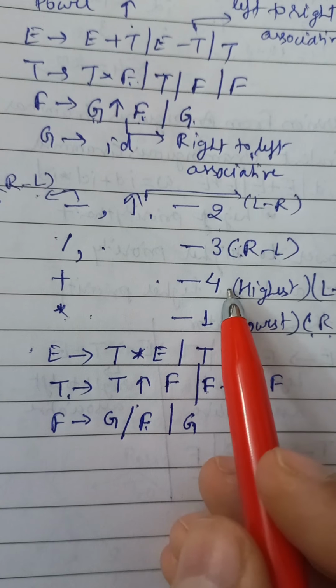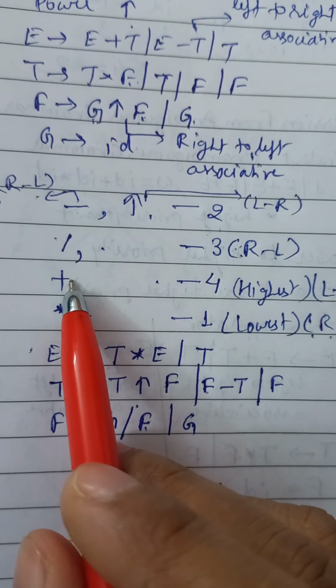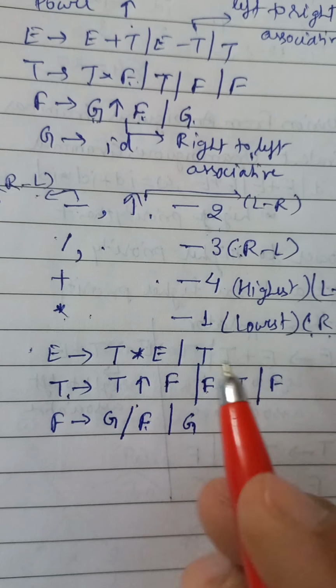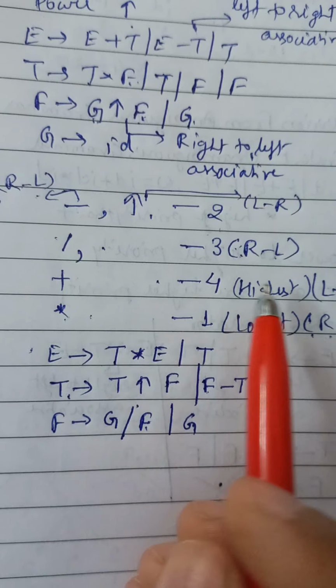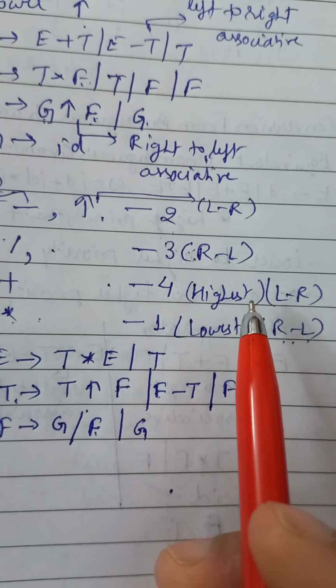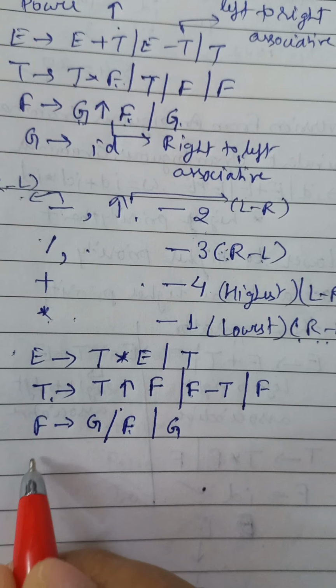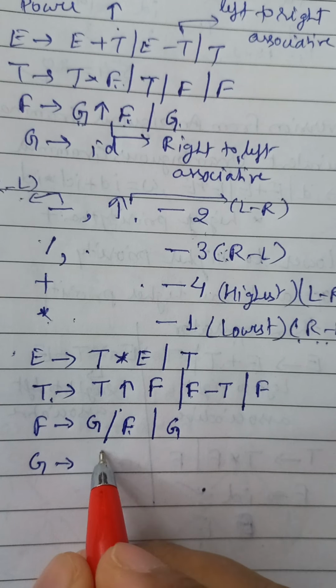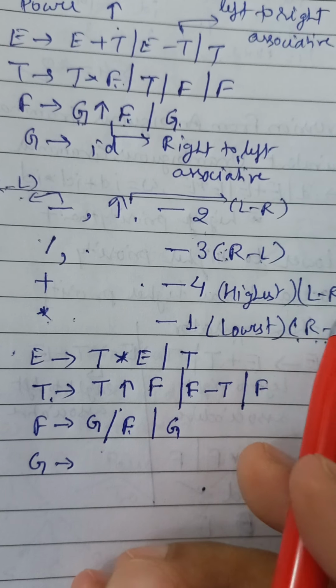Now what is next? What is left? The fourth one. This is plus, the highest priority, that's why we are writing it at the end. So plus, and what is this? Left to right associative. So first we write the old variable because this is left to right.